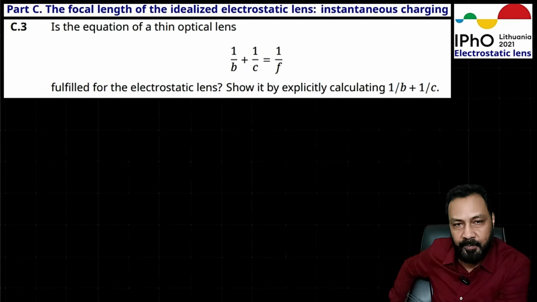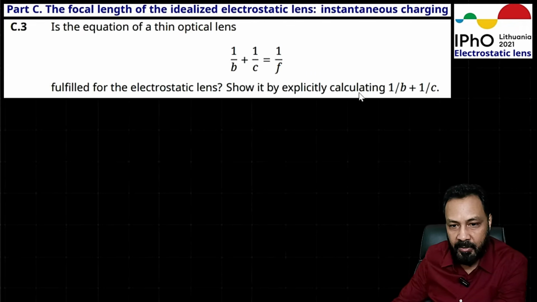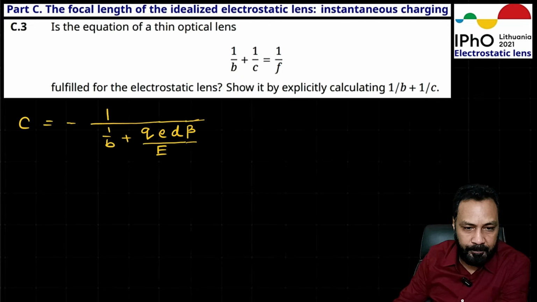Is it really a kind of an optical lens? So we have to show it by explicitly calculating 1 by b plus 1 by c. 1 by f we had already calculated. And c we just calculated.